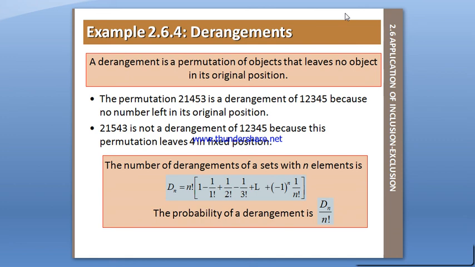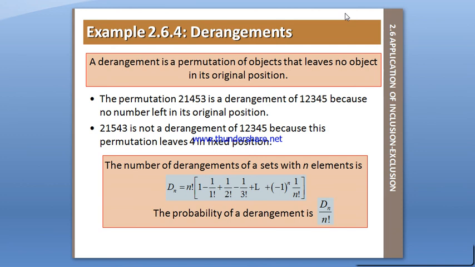Similarly, we can have other derangements such as 5, 4, 3, 2, 1 or 2, 1, 5, 3, 4. And we can clearly observe that 2, 1, 5, 4, 3 is not a derangement of 1, 2, 3, 4, 5 because in this, the place of 4 is fixed. Its place does not change.